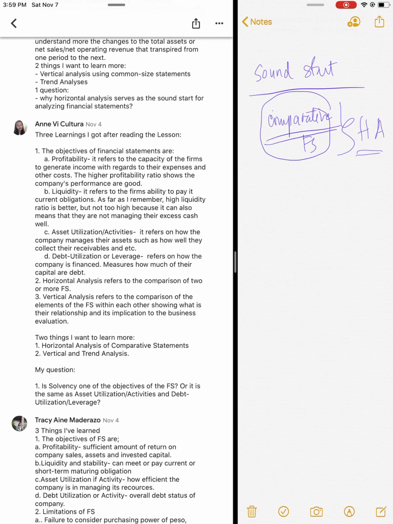Question from Anvi. Is solvency one of the objectives of the FS or is it the same as asset utilization? Okay. Solvency is somehow related to leverage or the use of your asset and the use of your debt. When we say solvency, by definition, am I or is the company capable of meeting its long-term obligation?